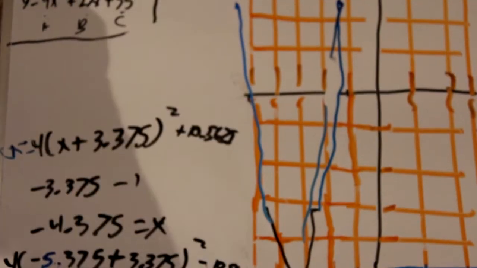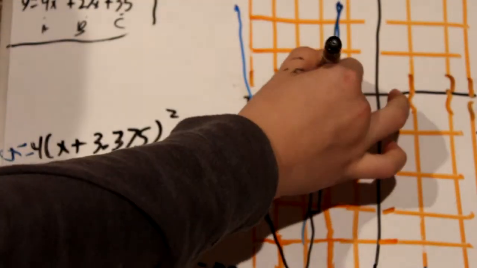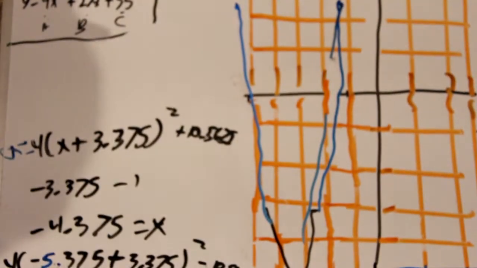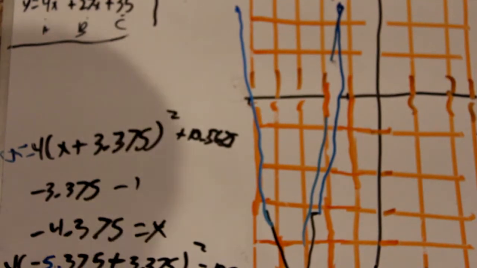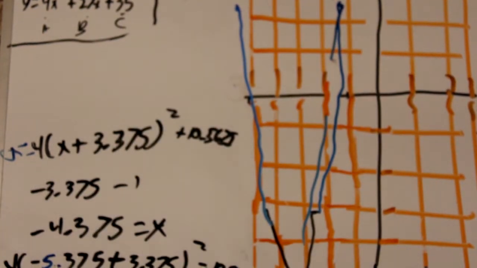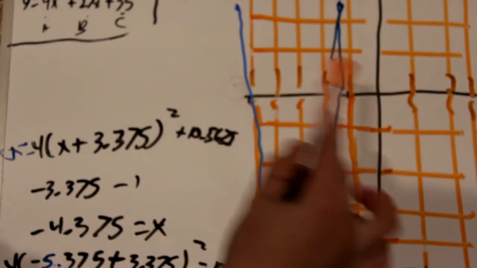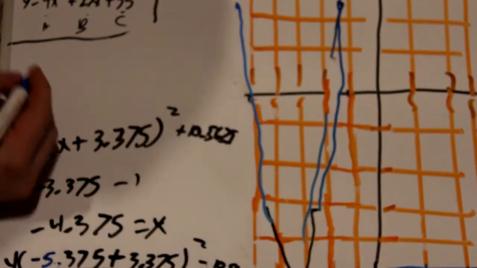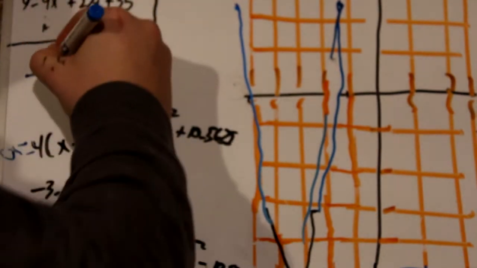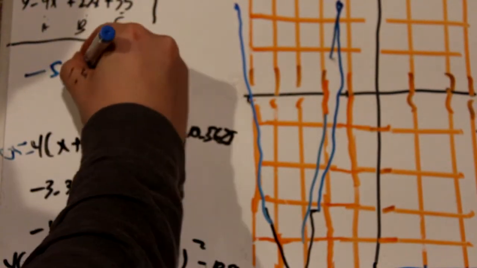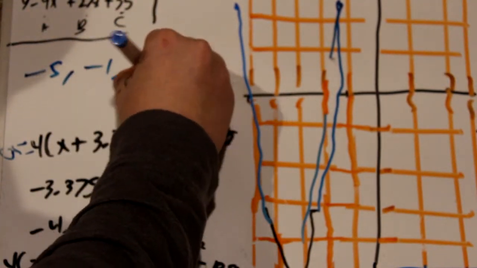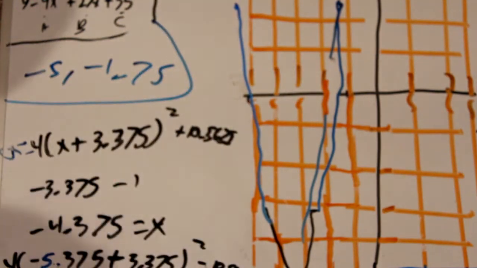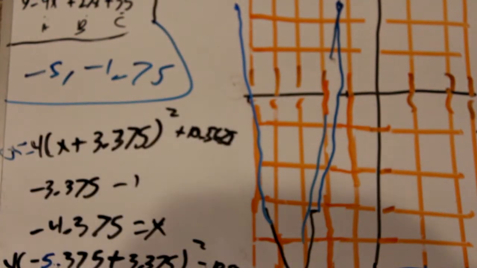But if you were to graph this with, say, Desmos or a graphing calculator, it would directly come across negative 1.75 and negative 5, both because they're on this side of the y-axis. That is also how we would get our answers, negative 5 and negative 1.75, if we were to graph it.